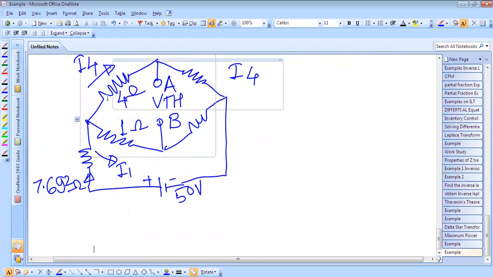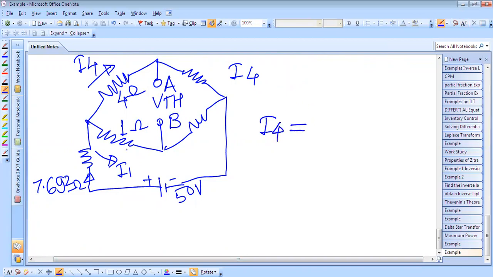Now it is very easy to find I4 by using the current division method. I4 is nothing but the total current 7.692 into, as we have to find the current flowing through this branch, this is 5 ohm, this is 8 ohm.